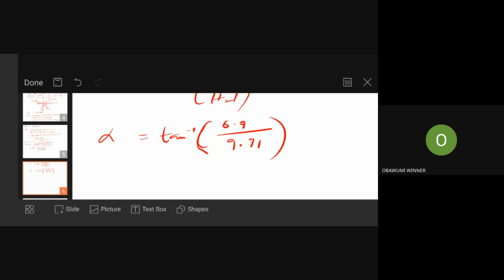So please press that again. Press the tan inverse of 6.93 divided by 9.91 and check what you get. It wouldn't be far from what you just said.